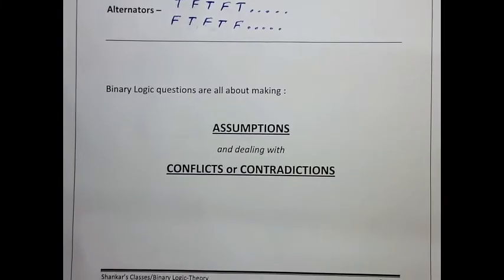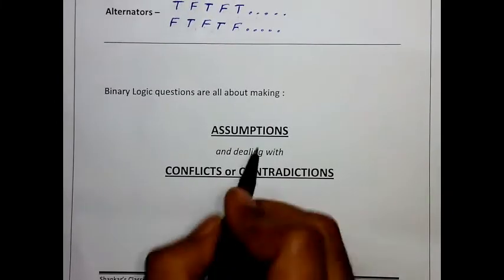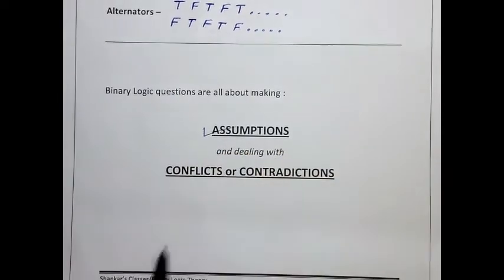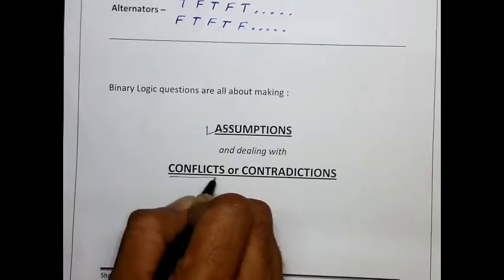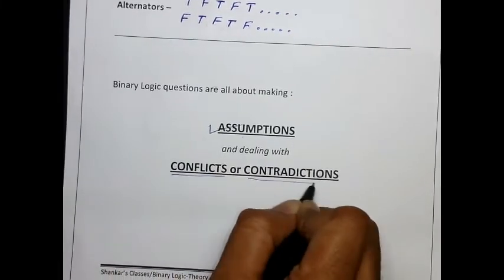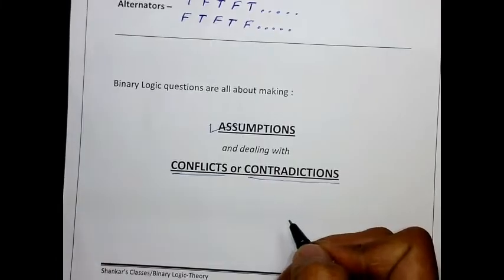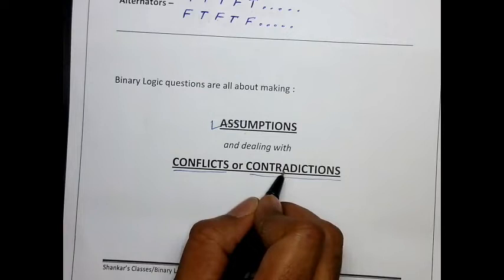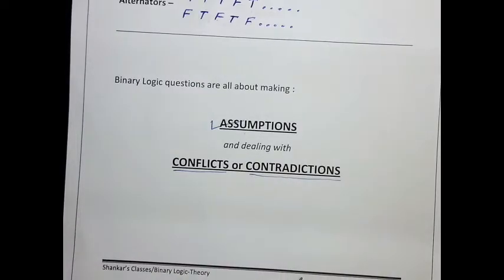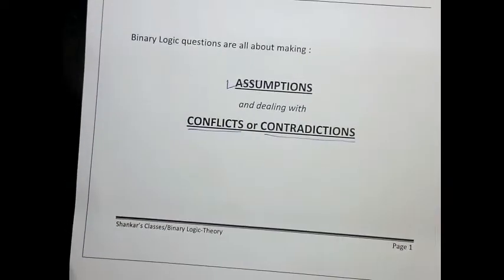The basis of attempting questions from this topic, the binary logic, is all about making some assumptions and then checking whether there is any logical conflict or logical contradictions. What is this assumption? What is this logical conflict or contradiction all about? That is what I am going to explain in the subsequent part of this video. But there are two main approaches for solving the questions.